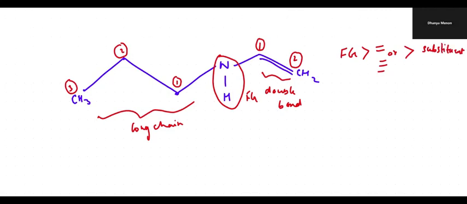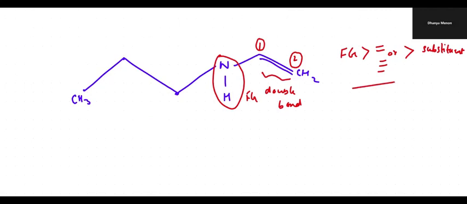So definitely we will take the long chain as the substituent. We have a double bond, so the double bond will be numbered. I hope I'm clear here. Okay. And this carbon is given number 1 because this is closest to the functional group. I hope I'm clear here.